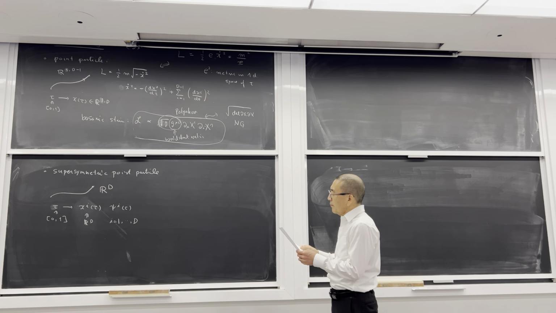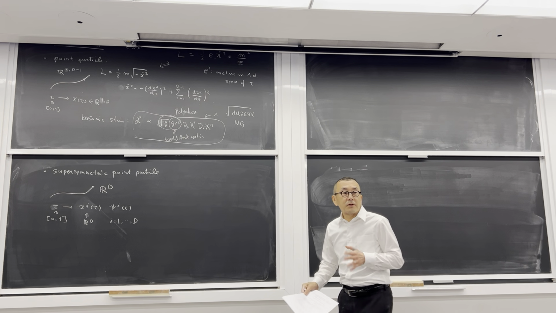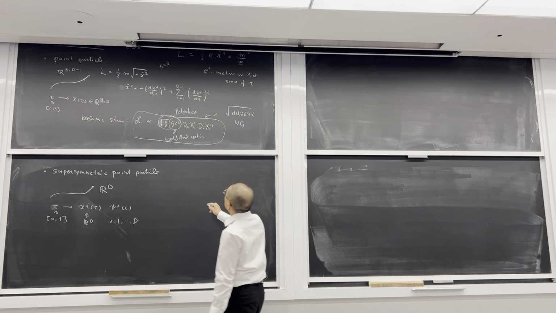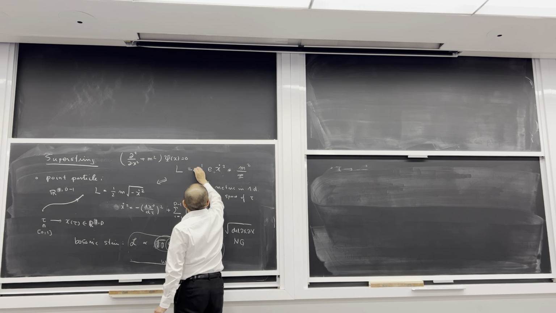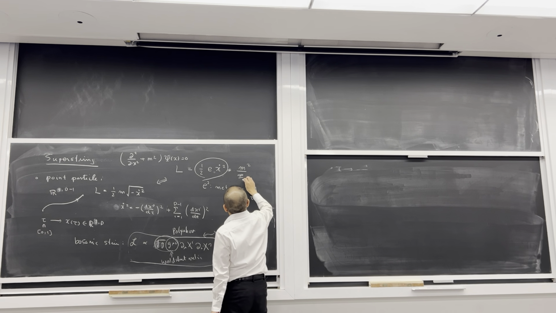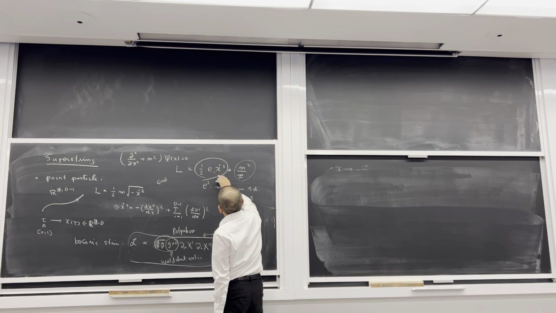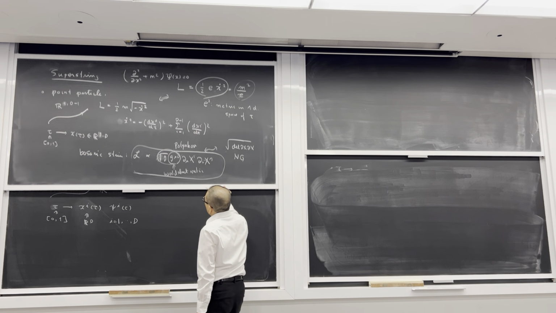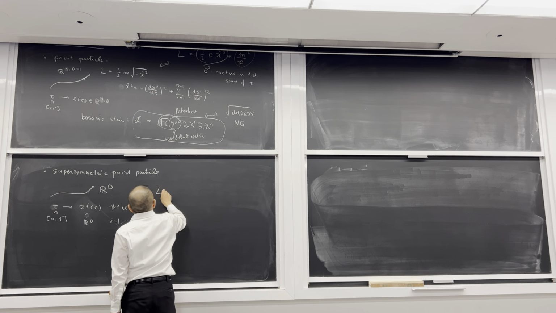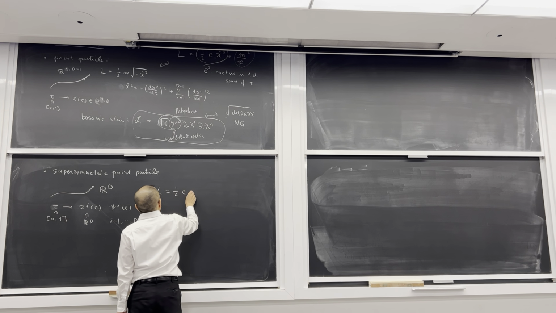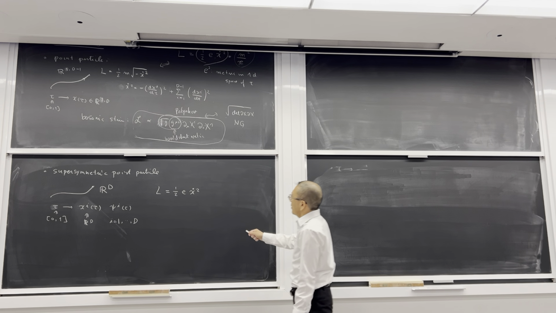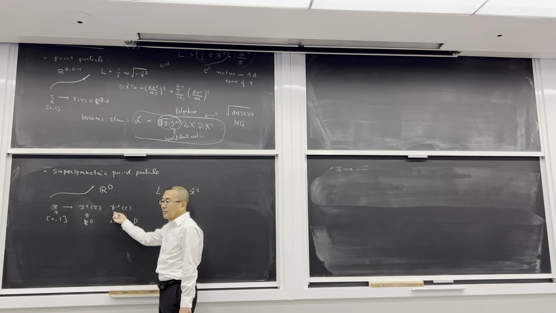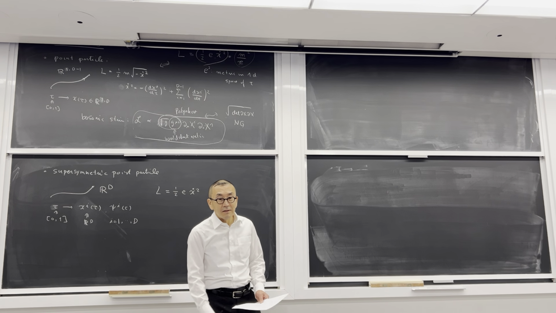Okay? And so we would like to generalize this term. It turns out that generalizing this with this additional term is difficult, so let's just consider generalizing this, so that you can also have a kinetic term for the fermions and supersymmetry is maintained.